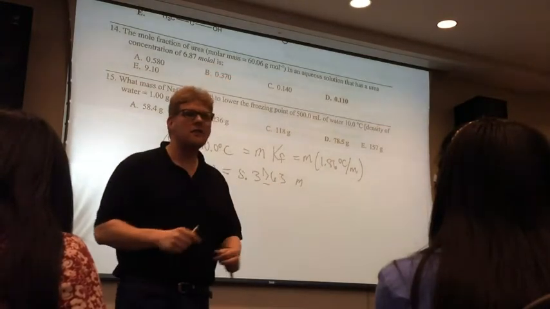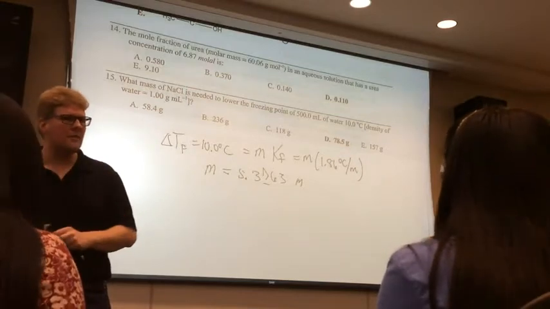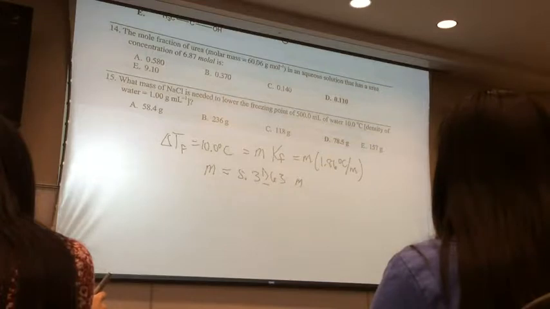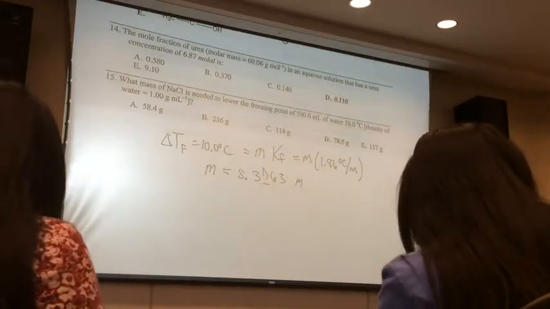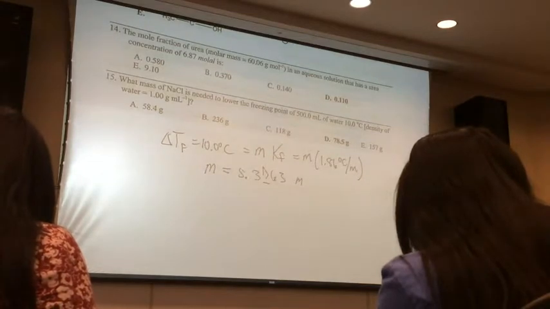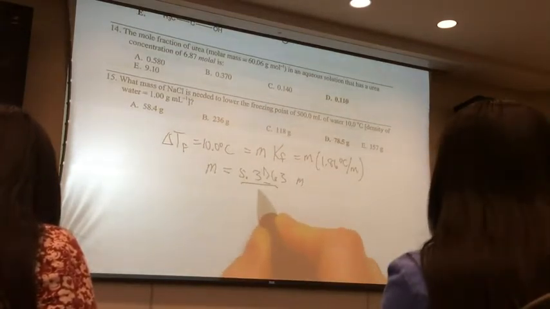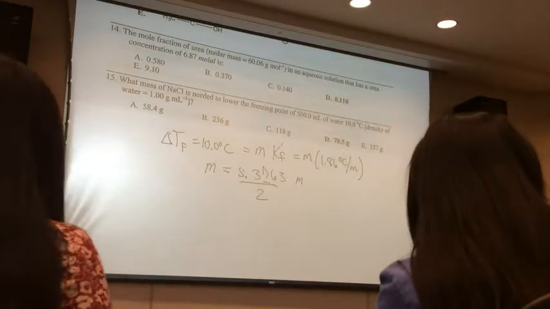But here we're not given any information about what we really made up, what we thought the concentration was. So we have to assume that i is 2. This concentration is assuming you had 2 particles for every sodium chloride, so this divided by 2 would be the concentration of sodium chloride.